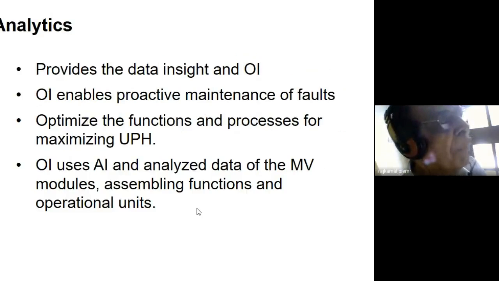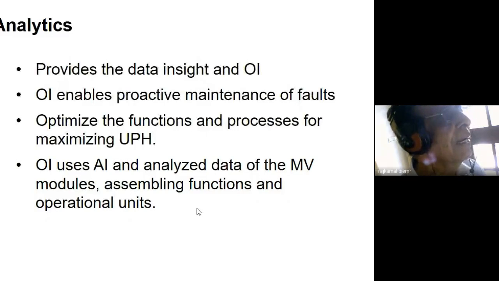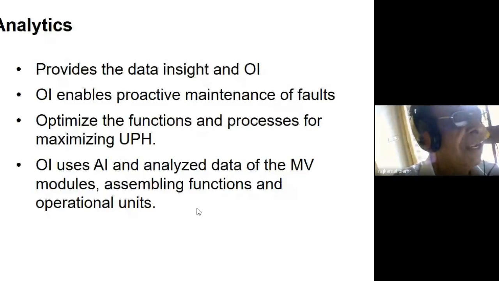Now, one of the important things in assembly line applications is that analytics will provide data insight and operational intelligence. Operational intelligence is a term which applies to the use of intelligence automatically by the AI software for the operations in the assembly line or the production line.